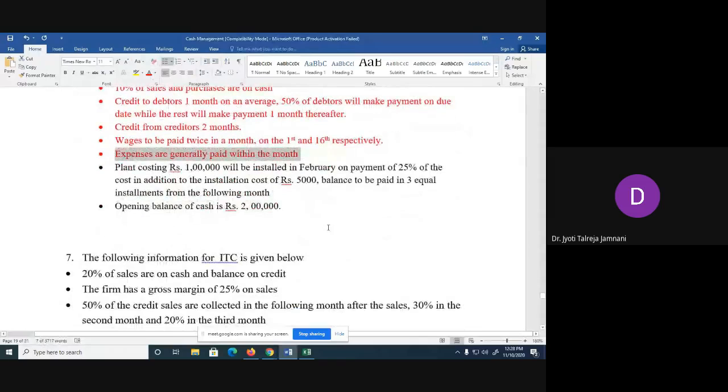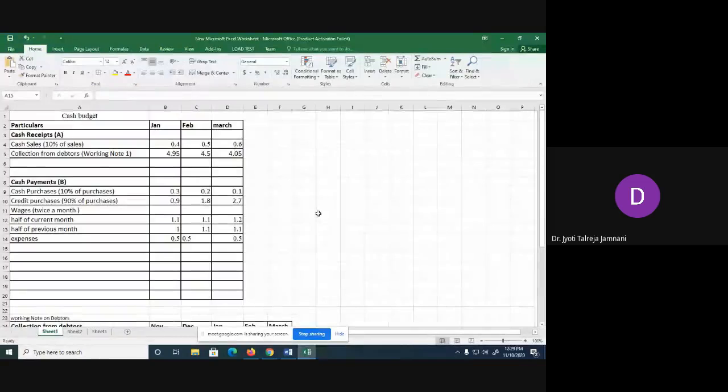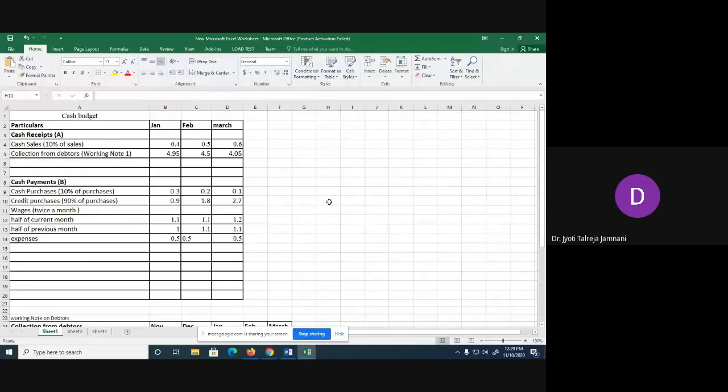Plant costing rupees 1 lakh will be installed in February on payment of 25% of the cost in addition to the installation cost of rupees 5,000. Balance to be paid in 3 equal installments from the following month. So let's first see what it basically means. So the plant is costing 1 lakh.